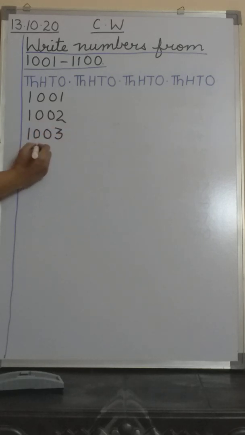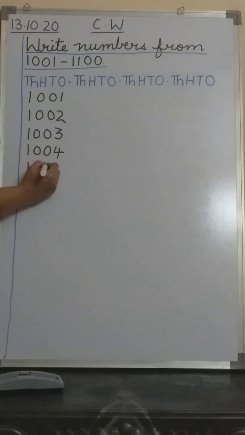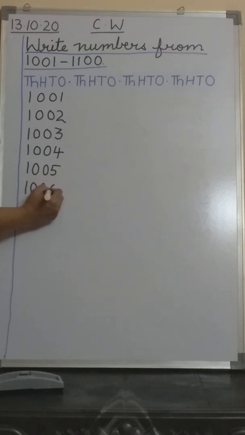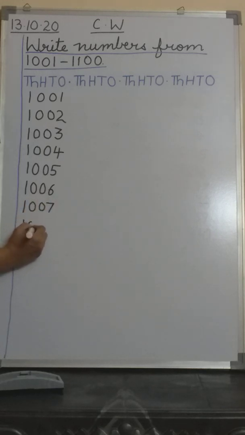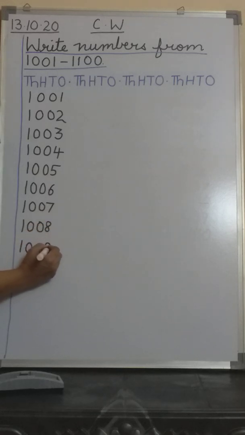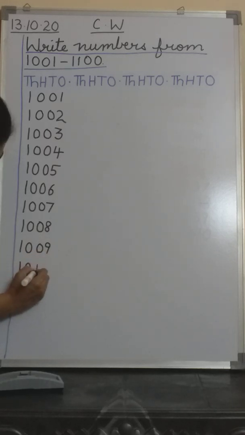Leave a box and write 1004, 1005, 1006, 1007, 1008, 1009, 1010.